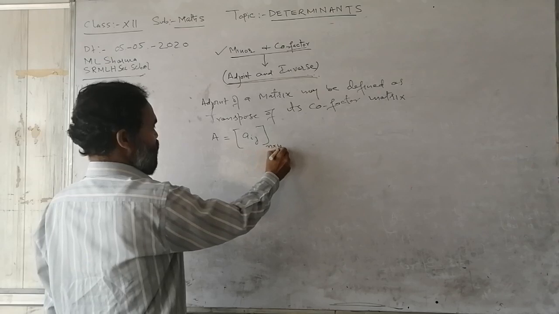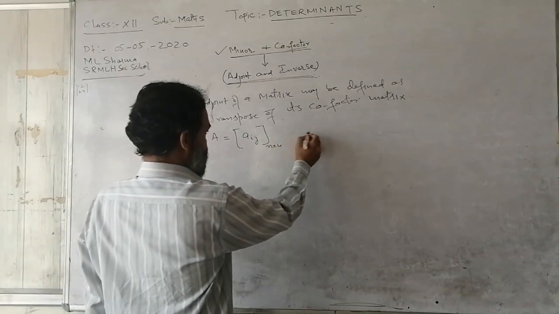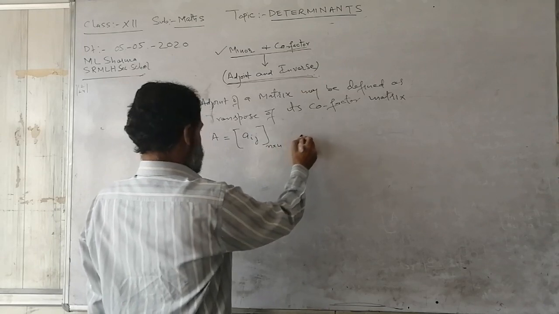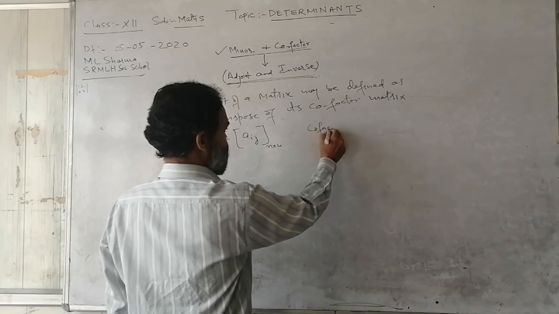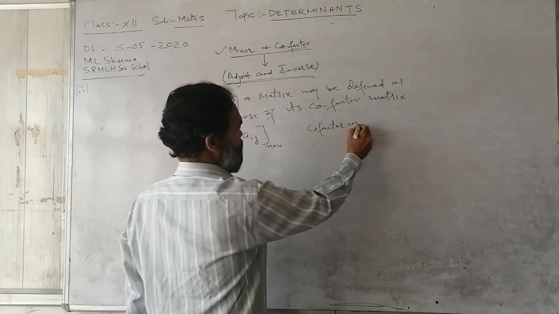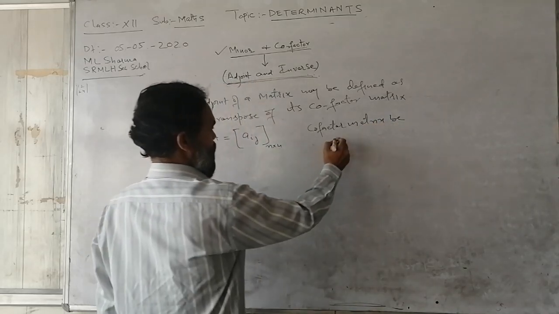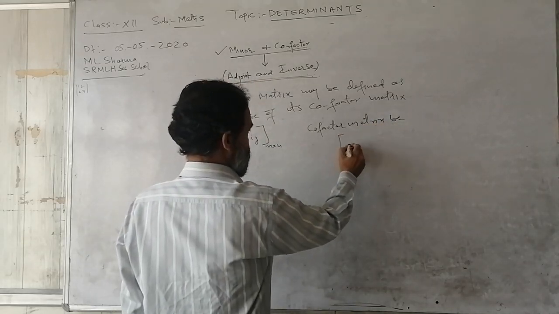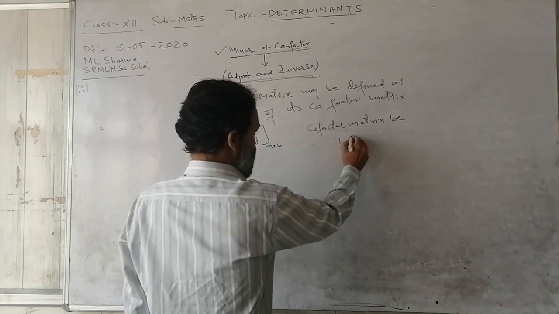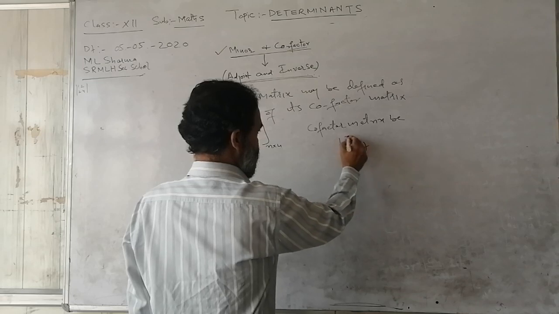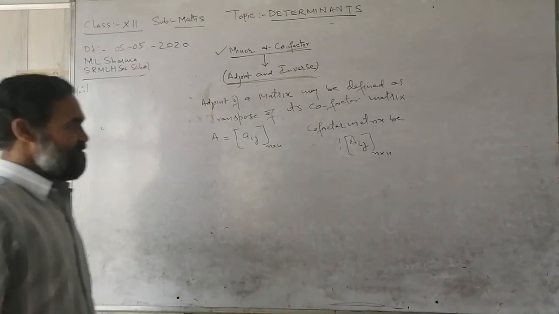of n by n order. That means it is a square matrix, and its cofactor matrix is written as A_ij, and it is of the same order.